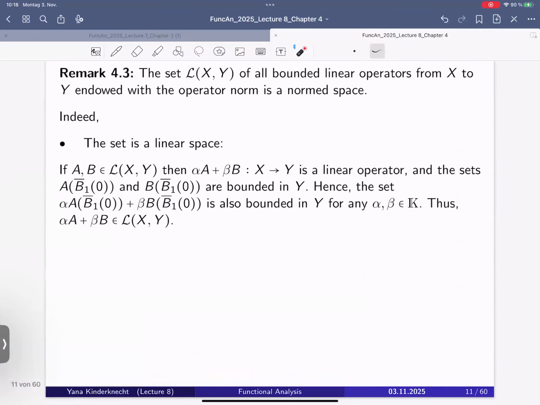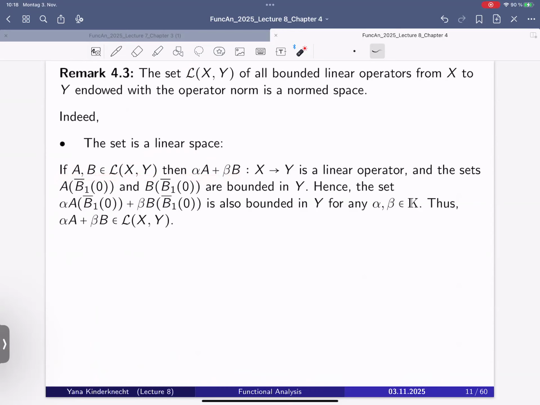The argumentation is quite standard, so let us see it. We show that this set is a linear space. If we have two bounded linear operators, so this L is for linear but also bounded operators, then their linear combination is again a linear operator.